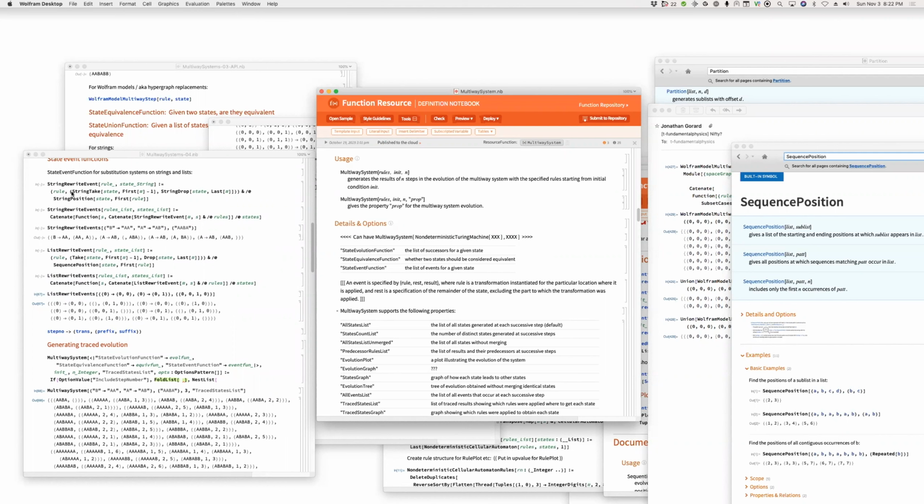So in the string rewrite event, that's mapping over the string positions. And I think that's a string replace part, isn't it?